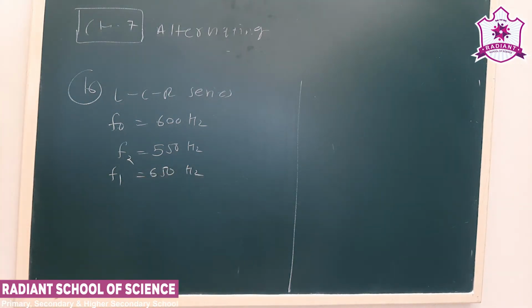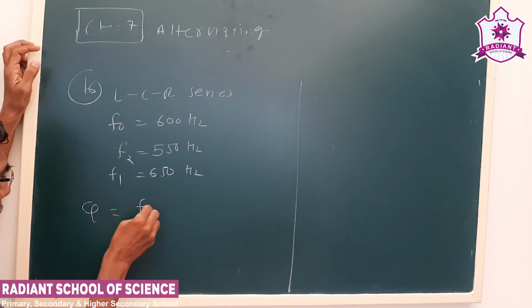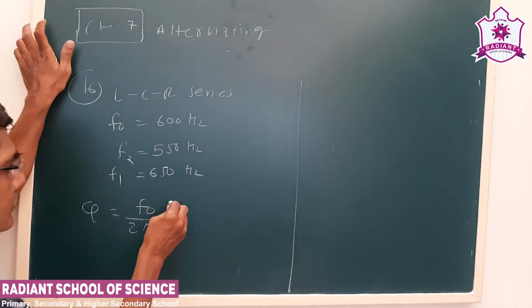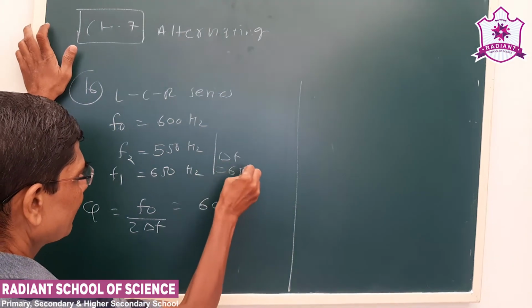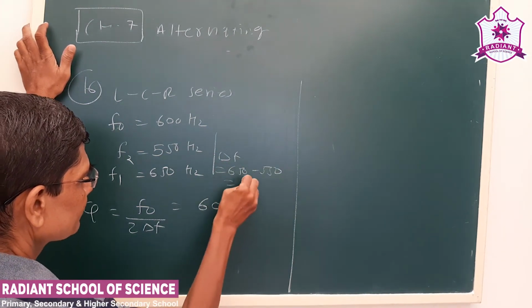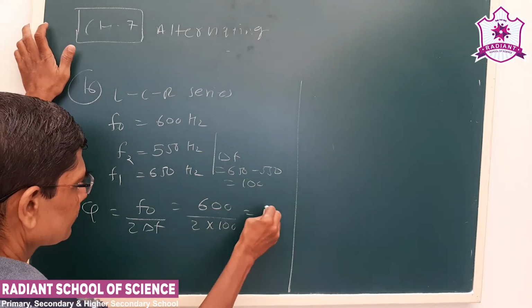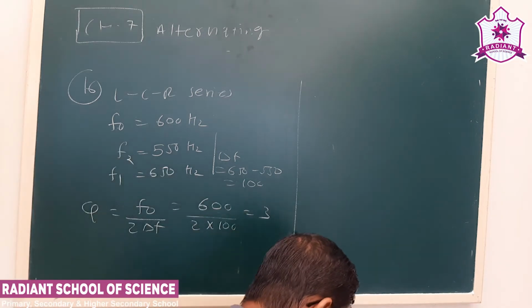Okay, what is the value of the Q factor? So Q factor is F0 upon 2 delta F. See what will be delta F? 650 minus 550, 100. Okay. So if we solve this, we get value of Q factor is 3. Okay. Now see the next MCQ.